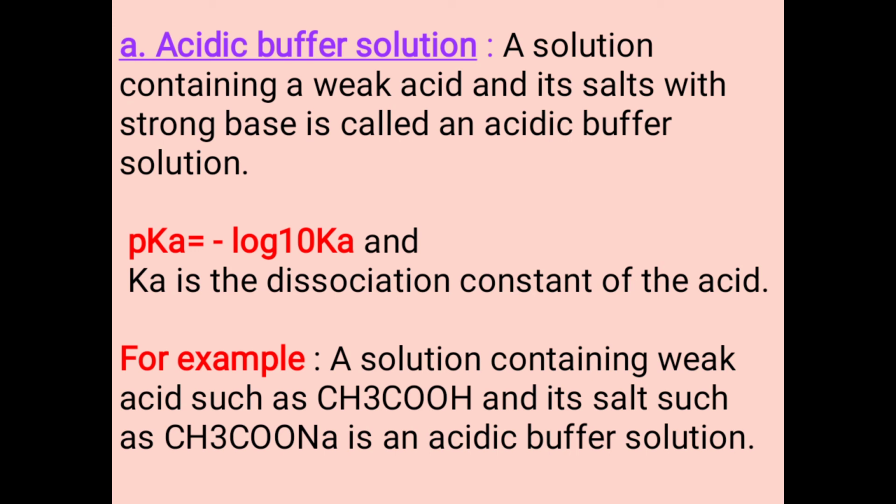For example, an acidic buffer solution is a solution containing a weak acid such as CH3COOH, that is acetic acid. Acetic acid is a weak acid, so its dissociation is not complete. One part dissociates into its ions, and another part in the aqueous solution is the undissociated molecule of acetic acid.